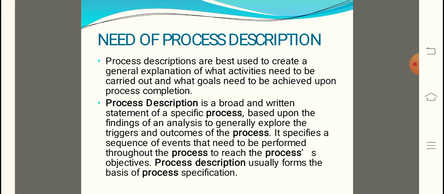Process description is a broad and written statement of a specific process based upon the findings of an analysis to generally explore the triggers and outcomes of the process. It specifies a sequence of events that need to be performed throughout the process to reach the process objectives. Process description usually forms the basis of process specification.